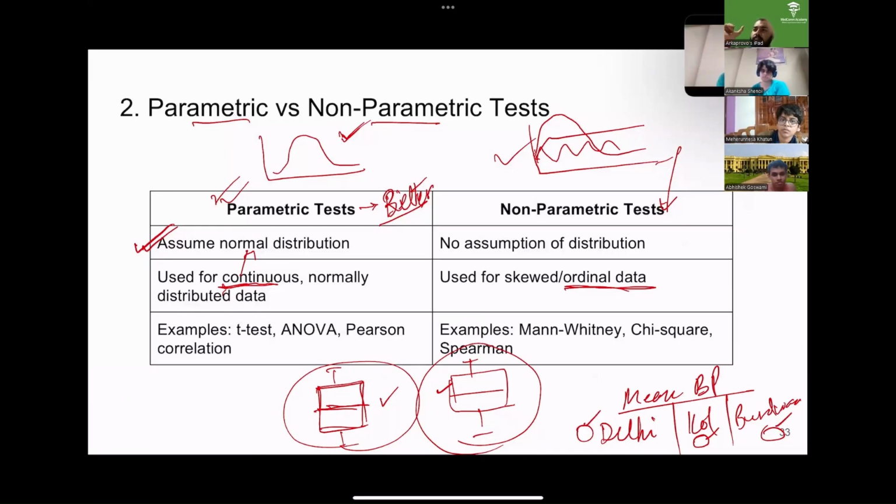We will have a mean blood pressure after drawing out the sample, collecting data, finalizing our frequency distribution graph. From that we do the mean and the standard deviation. So finally we have the mean plus minus standard deviation for Delhi population, Kolkata population, and Bardhaman population. So we need to compare that, right?